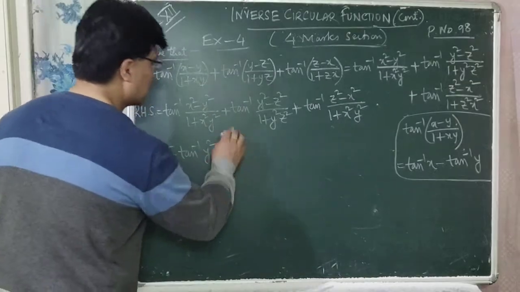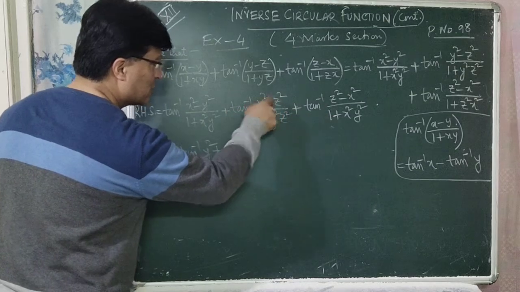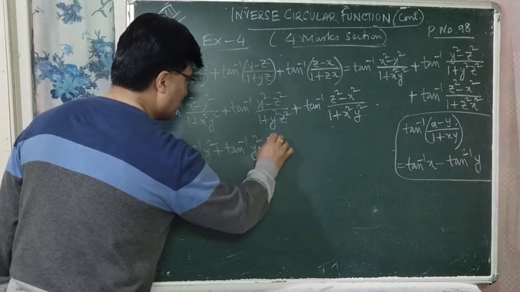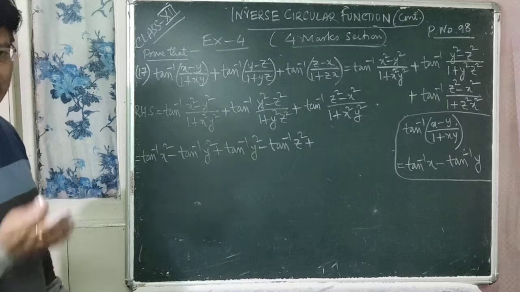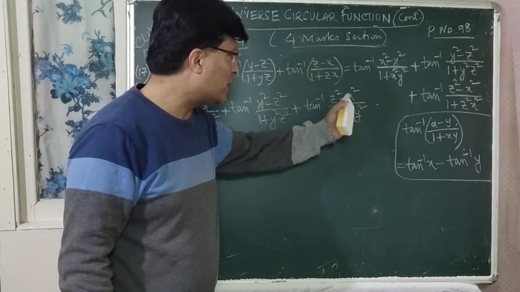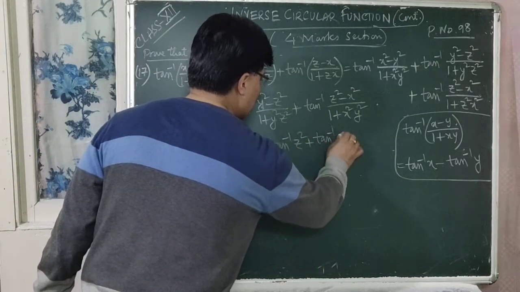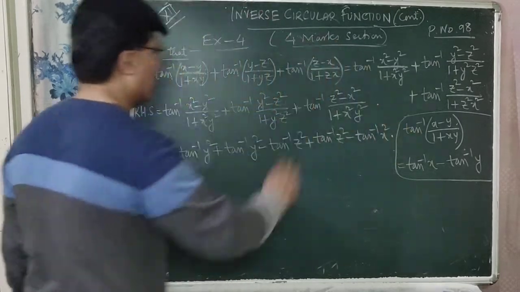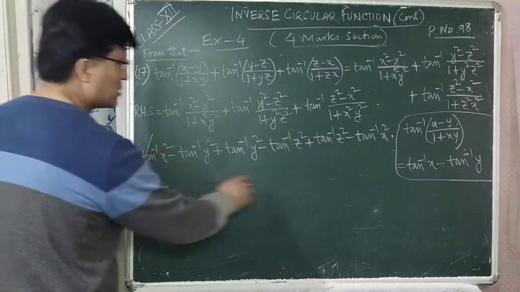Similarly, plus in this case also, instead of x there is y square, instead of y there is z square. So the same formula is used, that is tan inverse y square minus tan inverse z square plus, next again, what is the value for x here? Z square. What is the value for y here? It is x square. So the same formula is used again, that is tan inverse z square minus tan inverse x square. Is that clear?